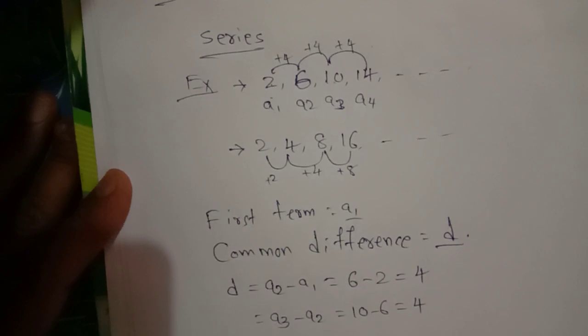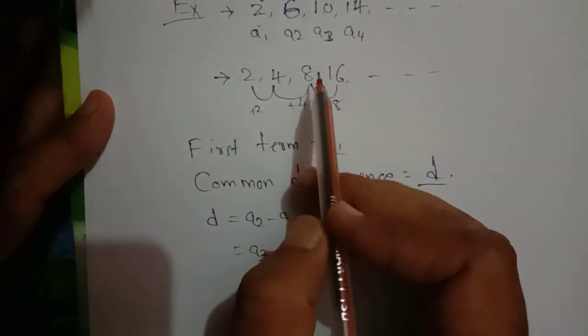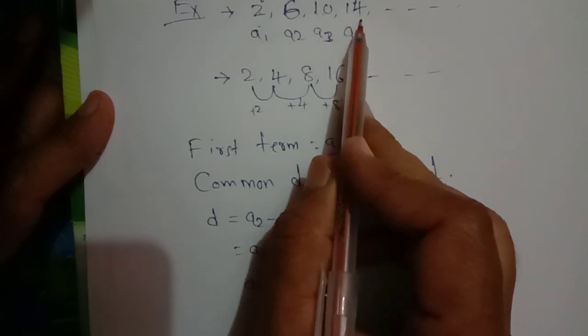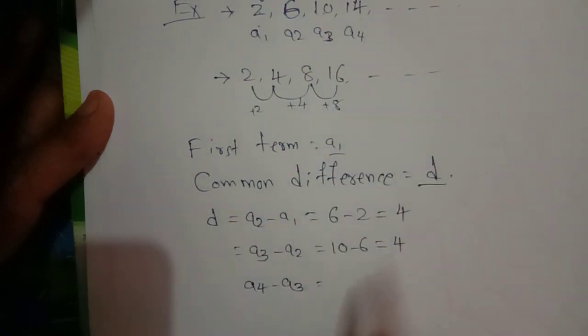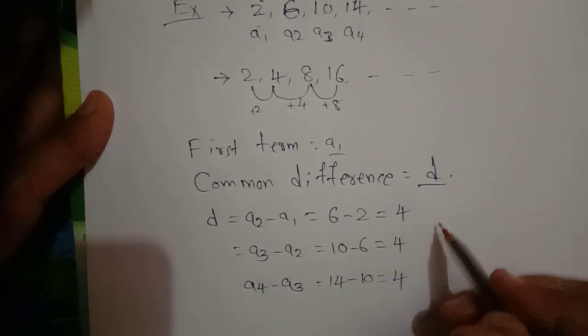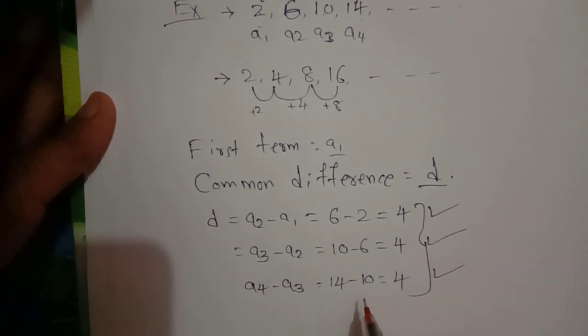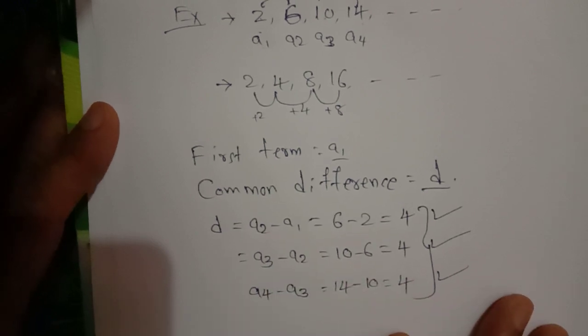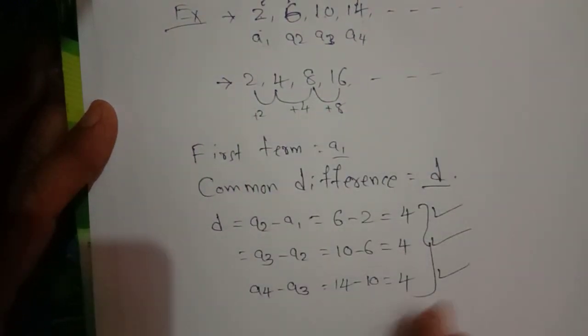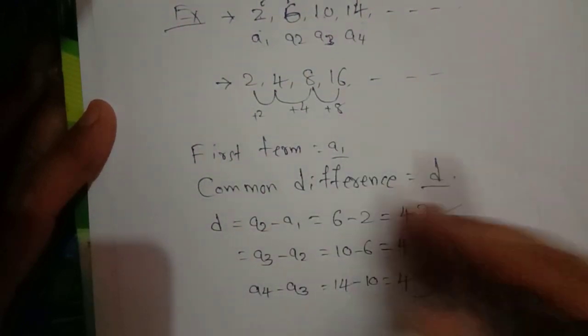Next, A4 minus A3: A4 is 14 and A3 is 10, 14 minus 10, again the difference is 4. So all of these are the same: 4, 4, 4. In the second one, if you do the same thing, you will not get the same difference.